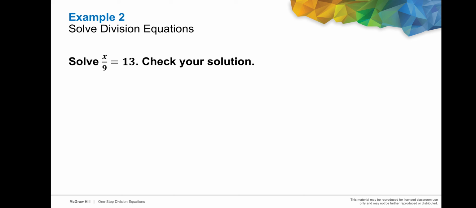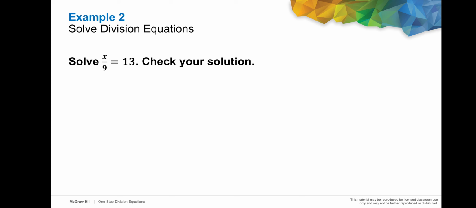Now, for example, solve x over 9 equals 13. In this problem, I know it's division because what I have here is x divided by 9. So to get rid of 9 and isolate x alone, I want to multiply the whole equation, right side and left side, by the number 9.